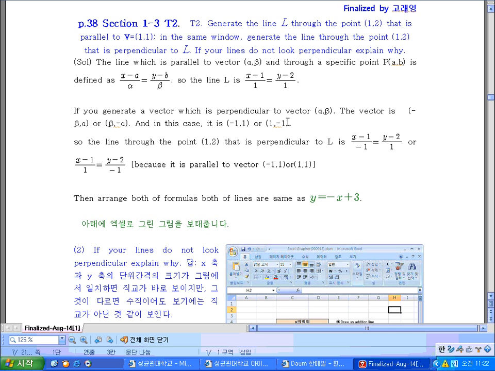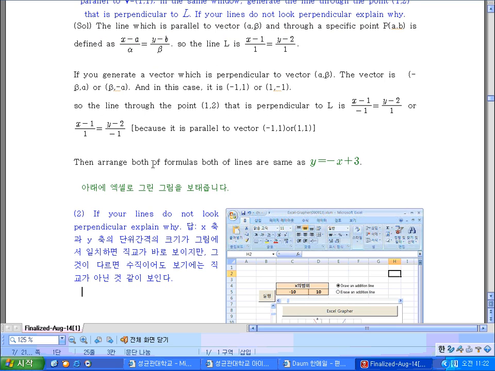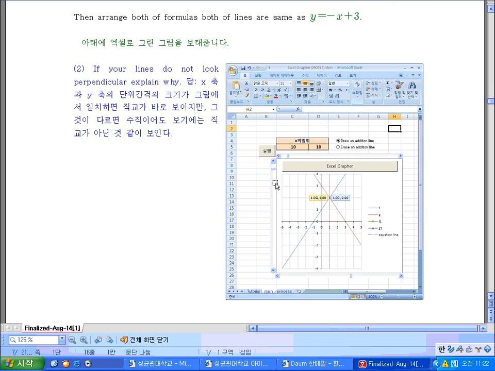The slope of the previous one was 1, and the line which is perpendicular to the given straight line has a slope whose product with the slope of the previous equation is -1, which means they are perpendicular.